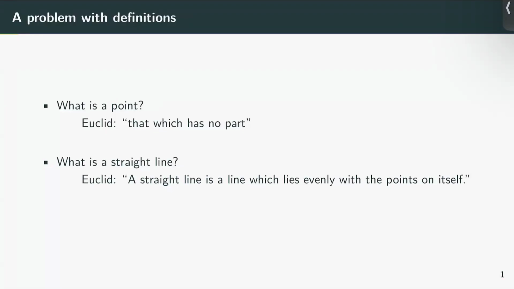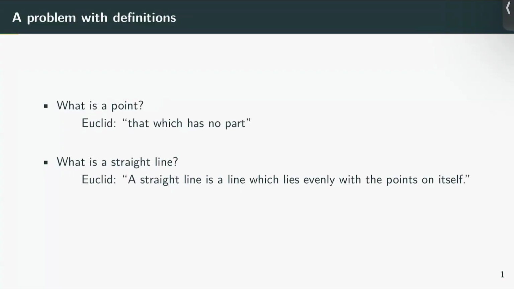Well, what Euclid says is a straight line is a line which lies evenly with the points on itself. I think this is trying to make an intuitive idea of what straightness means. But as an actionable definition that you can use to check something, it seems like a very difficult object. Now, what we defined in week 1 was we said that a line is the shortest path between 2 points.